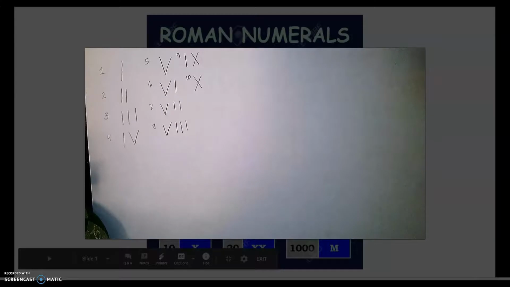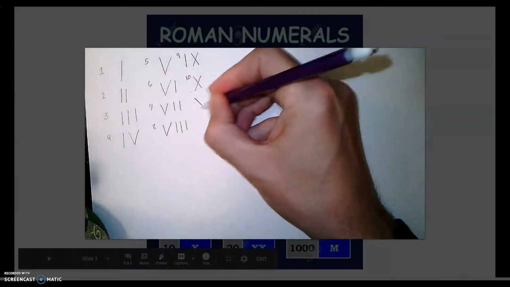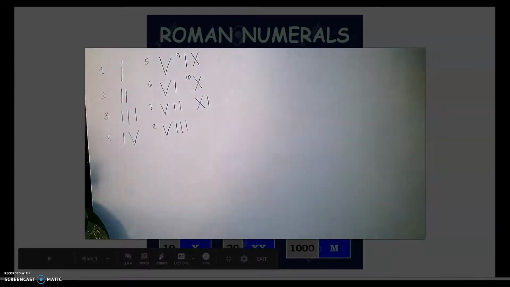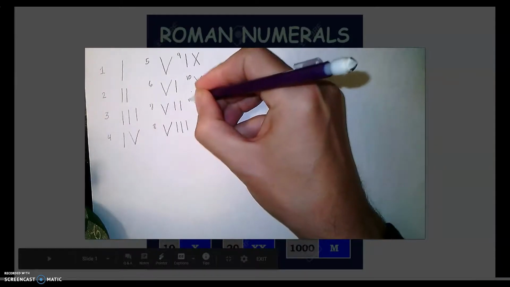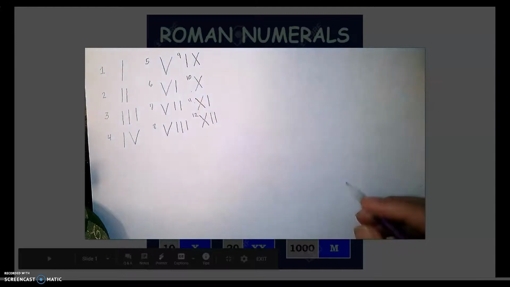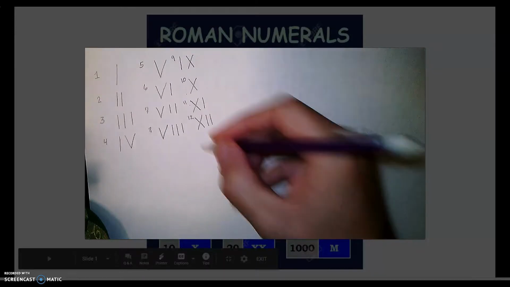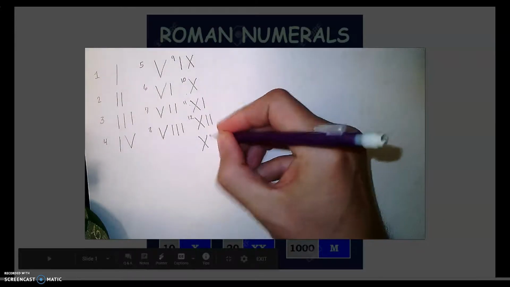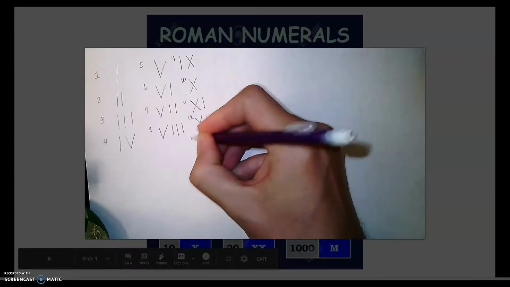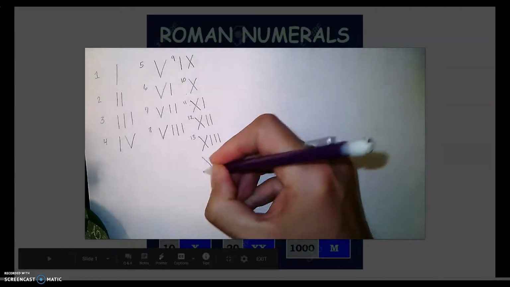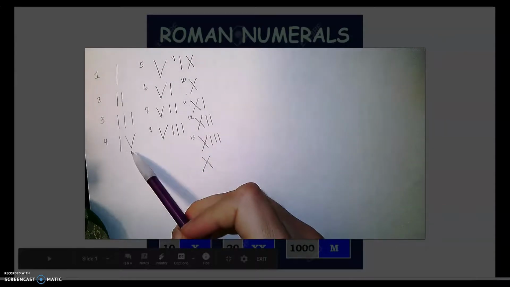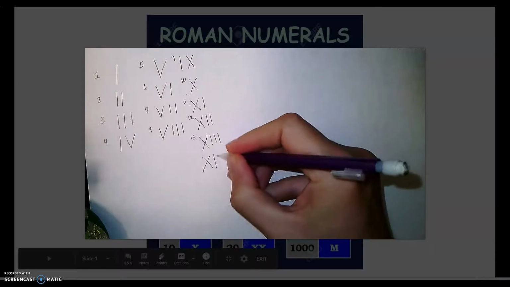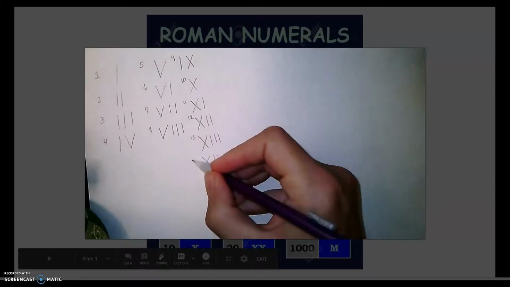So continuing on, XI would be 11, XII 12, and we can keep going in the same fashion. XIII 13. So what do you think 14 would be? Well, we already know 4 is IV, so XIV would be 14.